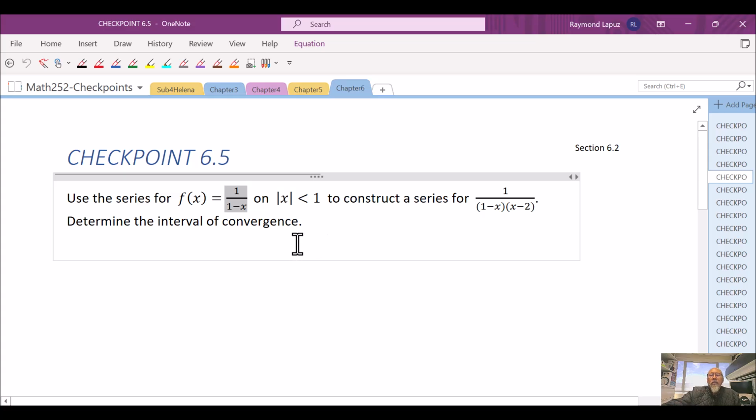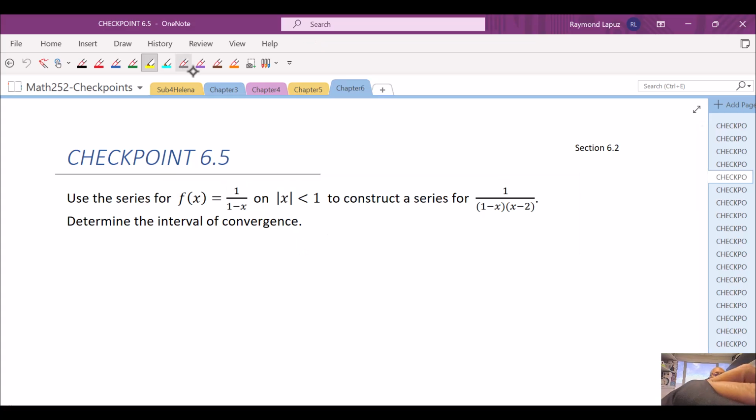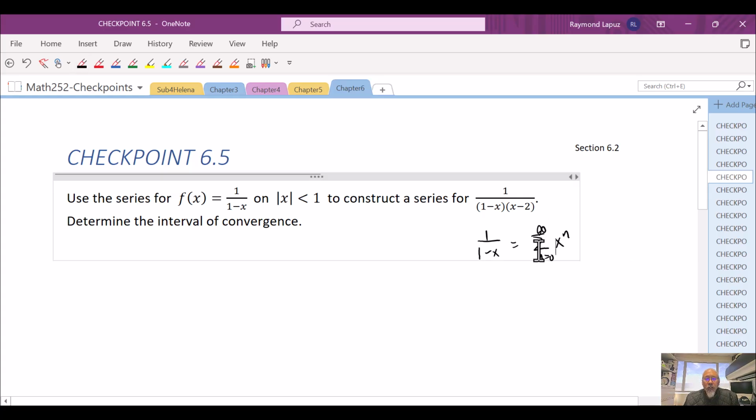As a side note, 1 over 1 minus x is equal to the series of x to the n, from n equals 0 to infinity. We'll use this series to make a new series for this bigger fraction.